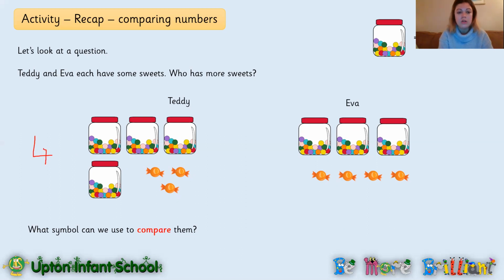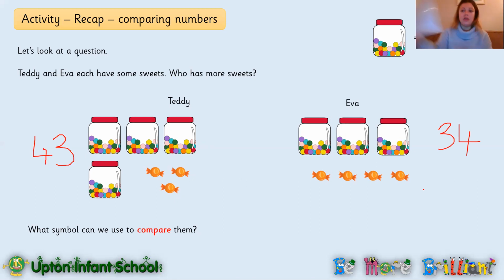And he has 1, 2, 3 ones. So Teddy has 43 sweets. Wow, I'd quite like 43 sweets. So Eva has 1, 2, 3 groups of 10. And 1, 2, 3, 4 ones. Eva has 34 sweets. So who has more sweets?